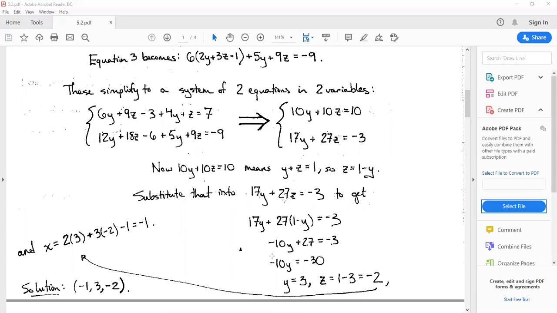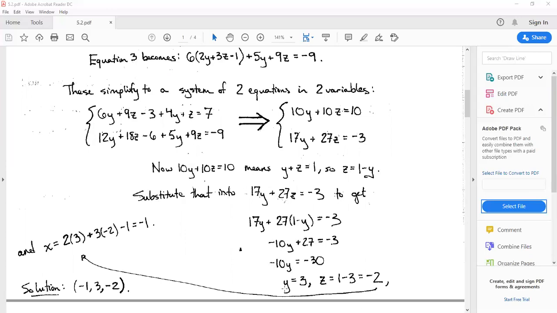That gives us minus 10y. And then we also have plus 27 times 1 equals minus 3. Then we can subtract 27 from both sides. We have minus 10y equals minus 30. And thus y must equal 3 after dividing both sides by minus 10.